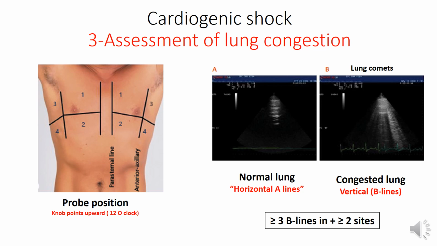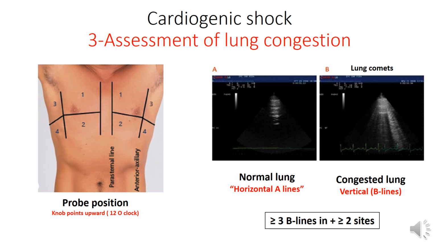On the other hand, if the lung becomes filled with fluid, it can reflect ultrasound, and what are called lung comets or B lines appear, which are vertical lines moving with respiration along the view.